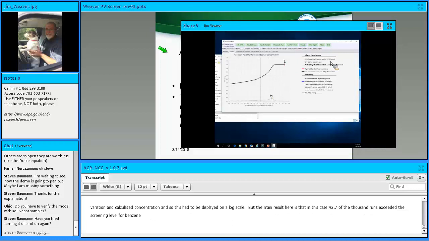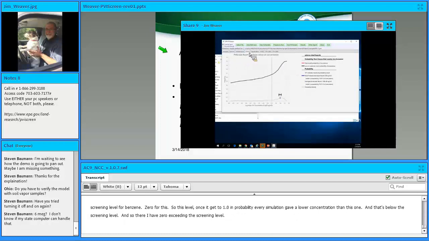0 for toluene. Okay, so this level, once it gets to 1.0 in probability, every simulation gave a lower concentration than this one, and below the screening level. And so there I have 0 exceeding the screening level. Ethylbenzene, same thing, everything below the screening level.